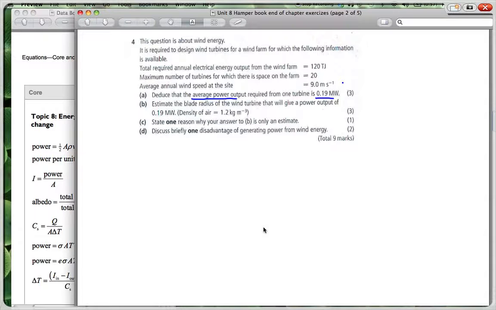Now remember, a watt is a joule per second. And here we are looking at the annual electrical energy output, so that's over a year. So we've got the 120 times 10 to the 12 joules.